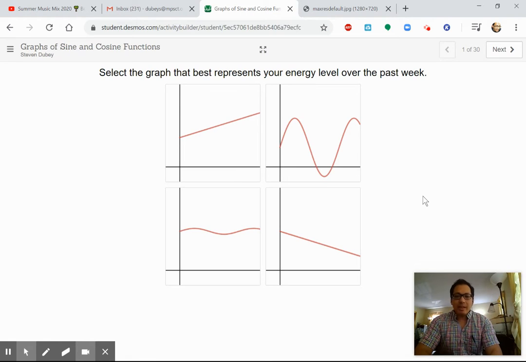Okay, so for me, let's see. I don't know what you picked. I'll take a look at it though. Has my energy been going up? Not really. It hasn't been constantly going down either, though. It's been kind of like one of these up and down curves. Has it been relatively stable, or has it swung a lot?